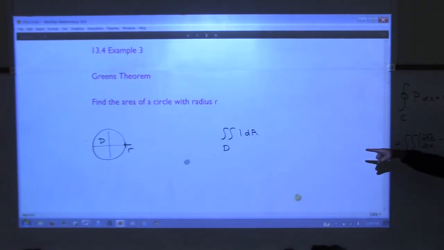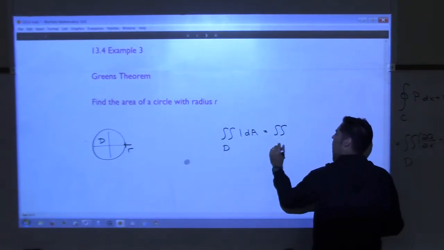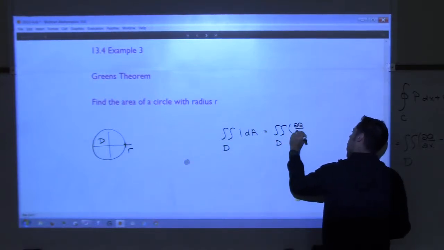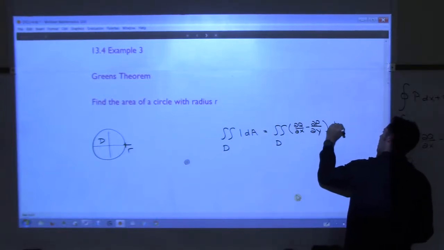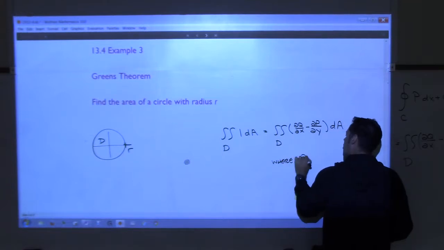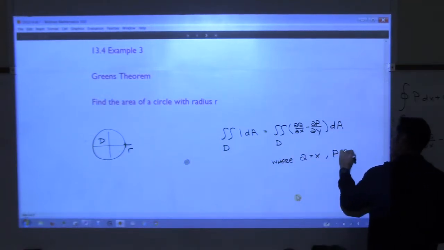That would give me the area of D. But I'm going to turn that into the double integral over D of partial of Q with respect to x minus partial of P with respect to y dA, where Q equals x and P equals 0.